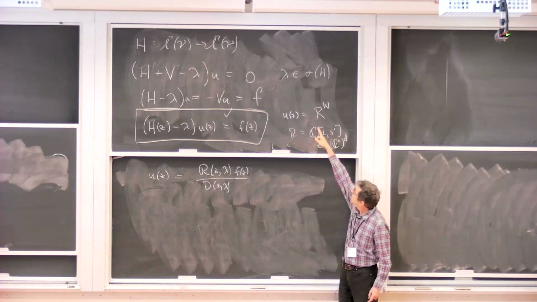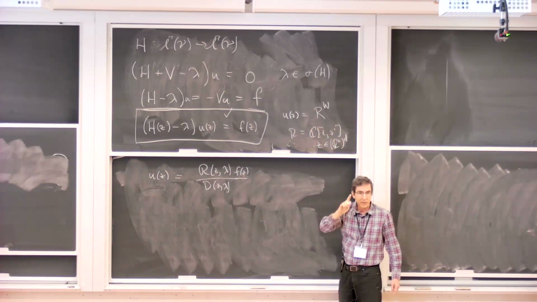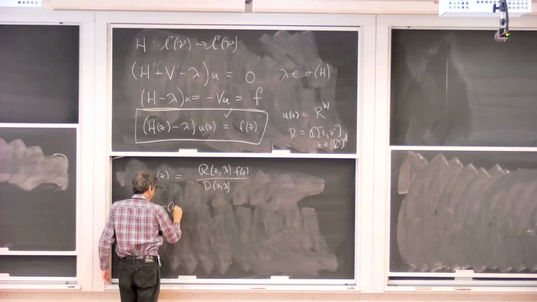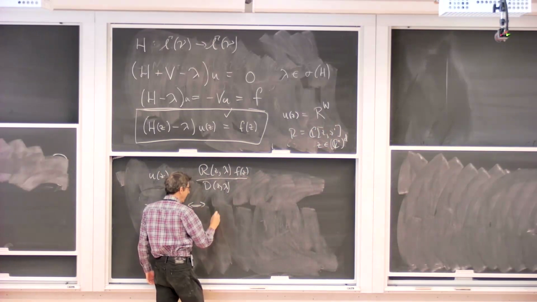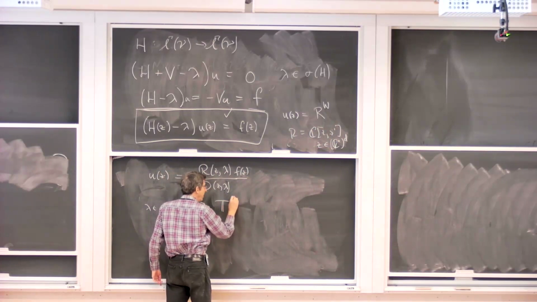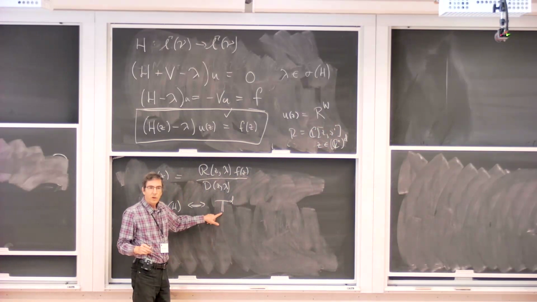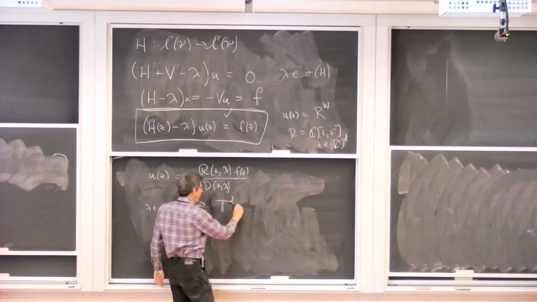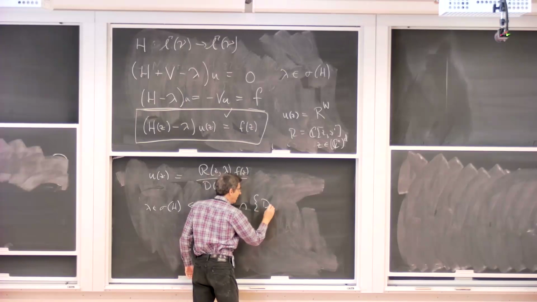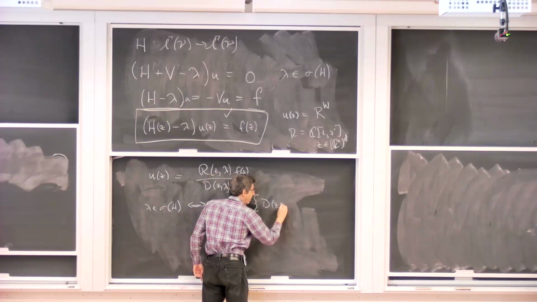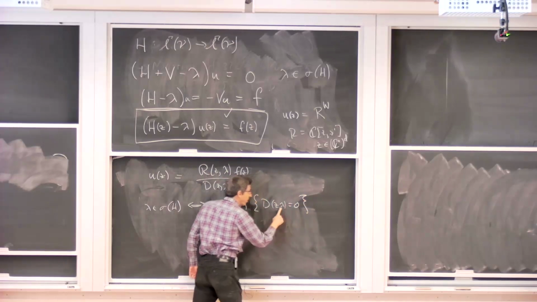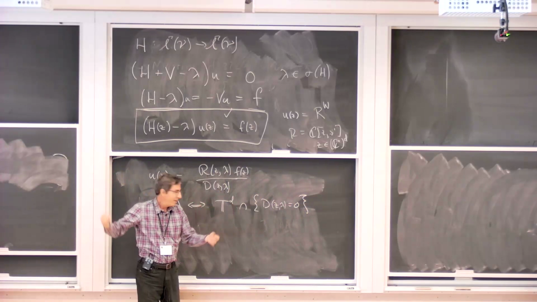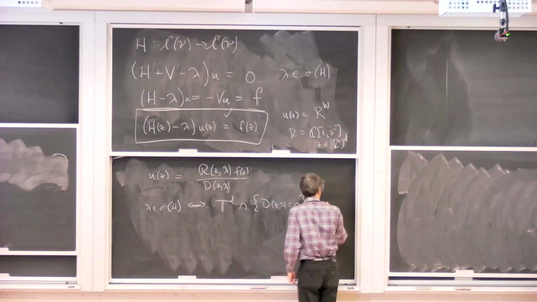Now, recall that lambda being in the spectrum means what? Lambda being in the spectrum of the operator is the same thing as saying that the intersection between the compact torus inside of Z space with the zero set of D for a fixed lambda, inside of C star to the D, is not empty.